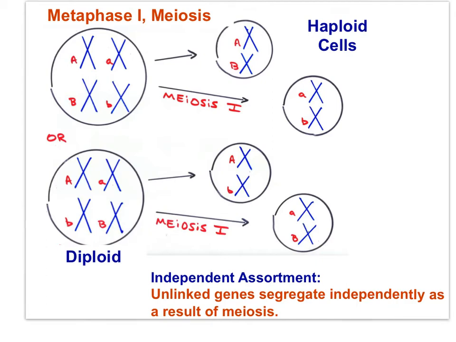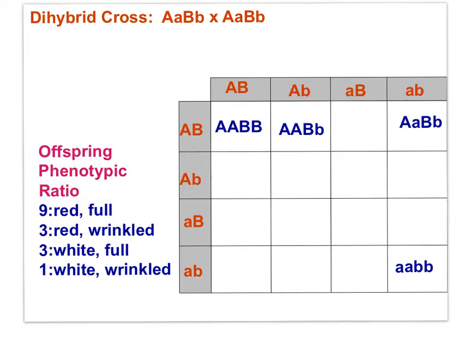Through anaphase I, when the homologous pairs separate, four possible gametes are formed with respect to these two genes. Dominant A, dominant B, recessive A, recessive B, dominant A, recessive B, or recessive A, dominant B.